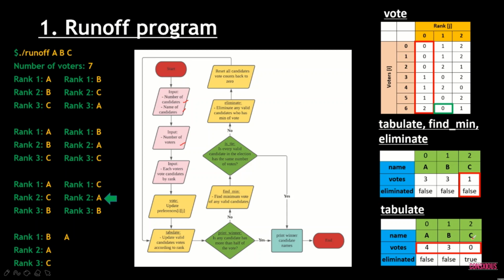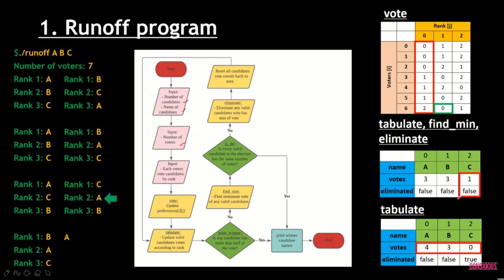So is there any winner? Does any candidate have a majority vote? No, so we go through find min. You can see 1 is the min. Do all the candidates have the minimum votes? No, so we go through this step: eliminate any candidate who has the minimum number of votes.